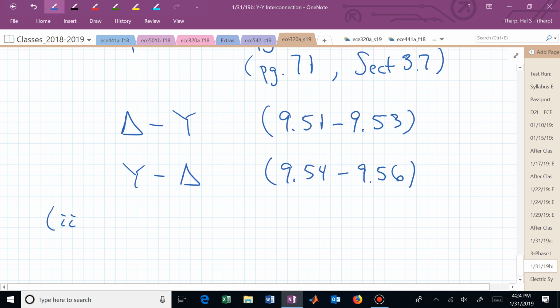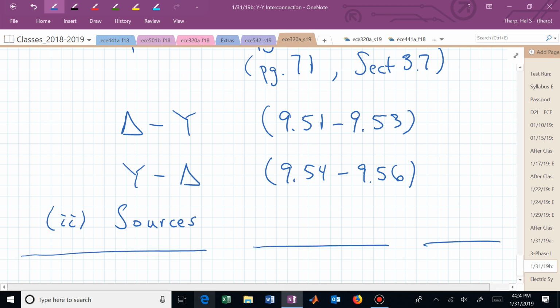And we will subsequently learn how to convert the sources. That's not yet done. But we will assume that you can do the loads, the impedances, but if they are balanced, there's really just a factor of 3 between the Y's and the deltas.